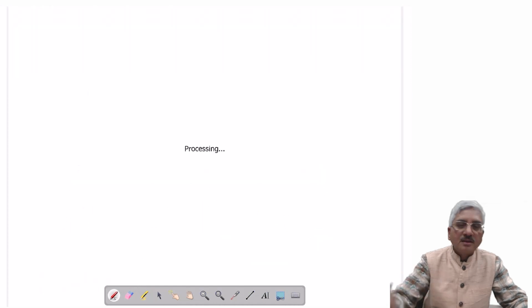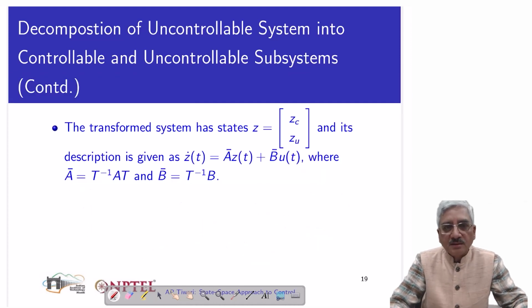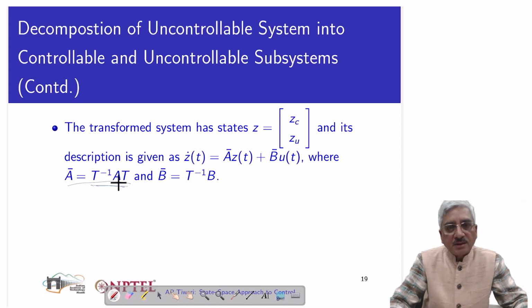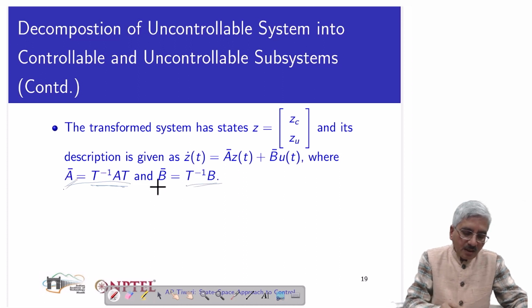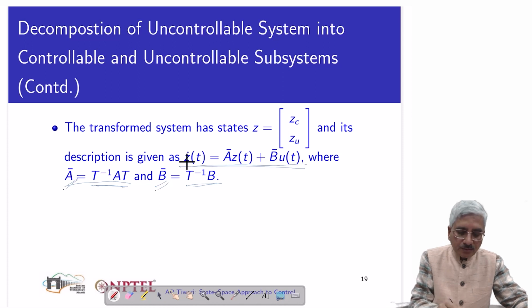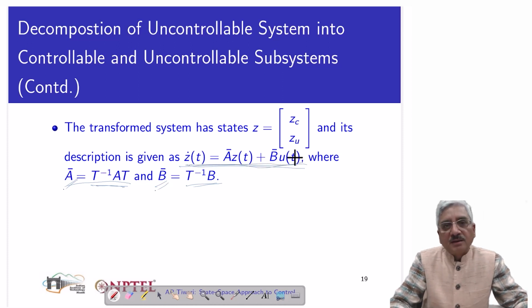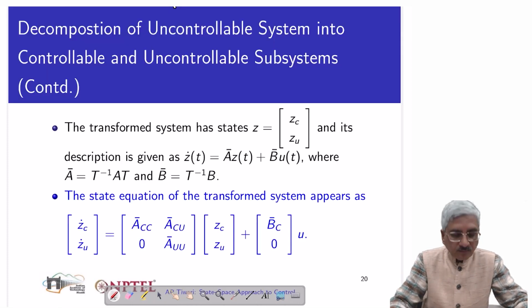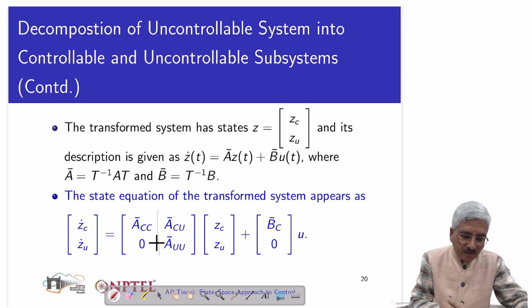And once the transformation matrix is available, the rest is a routine exercise. We have to do this operation T inverse AT and T inverse B to get the system matrix and the input matrix for this equivalent system. So the given linear time invariant system gets transformed to this system, and the transformed system dynamics will get partitioned like this.